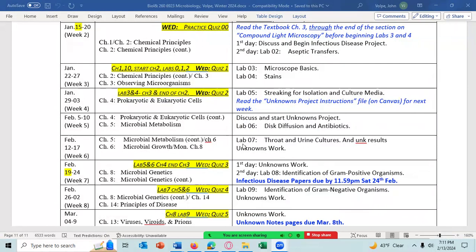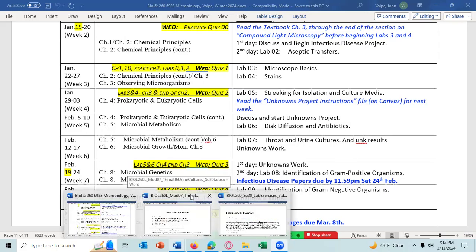What we're doing today is lab 7, throat and urine cultures, and hopefully we will get the unknown, although I'm not going to promise that it'll be early, but sometime tonight I'll send out the unknown number as well as your results for the first 3 tests. Any question about what we're doing? I think I'll go ahead and leave that up.